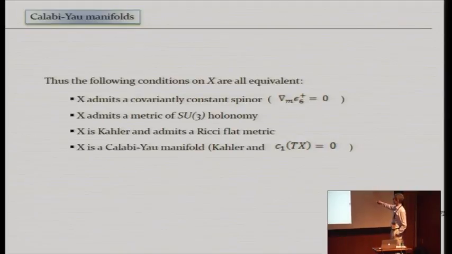We've seen that it's equivalent to the manifold having SU3 holonomy. Then we further saw that that's equivalent to the manifold being Kähler and having a Ricci-flat metric. And then finally, and perhaps most surprisingly, that's equivalent to X being a Calabi-Yau manifold, meaning it is Kähler, and it satisfies this topological condition of having a vanishing first Chern class.